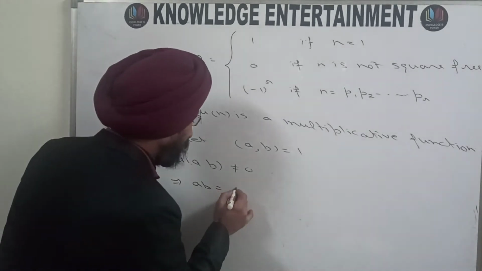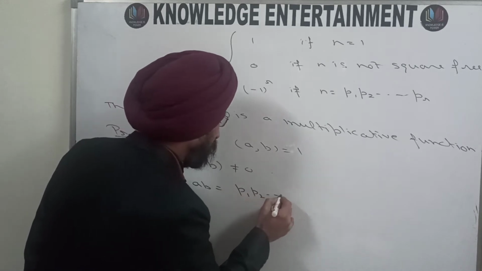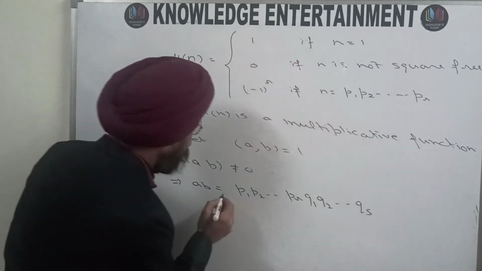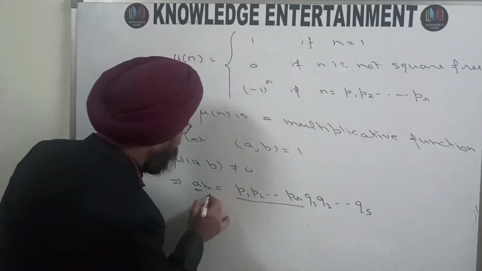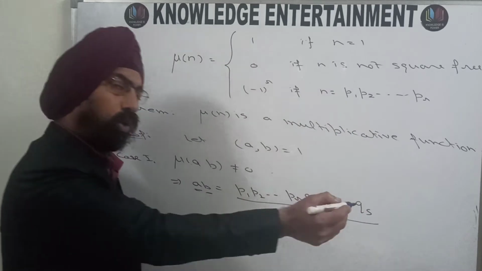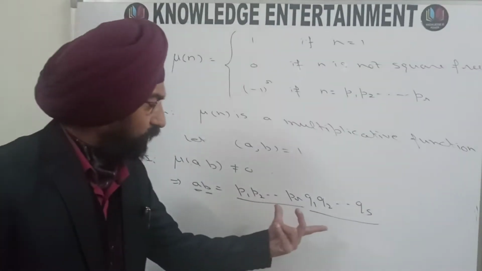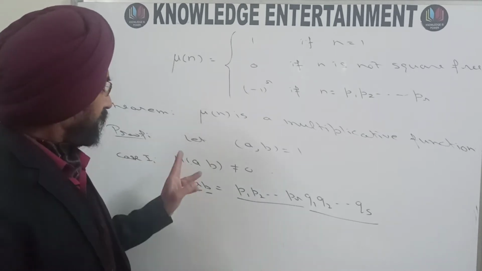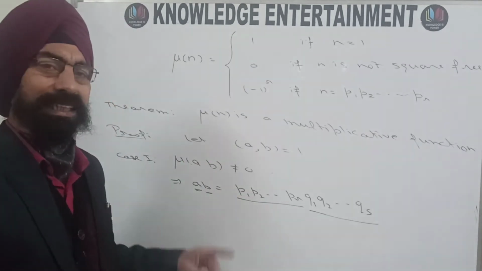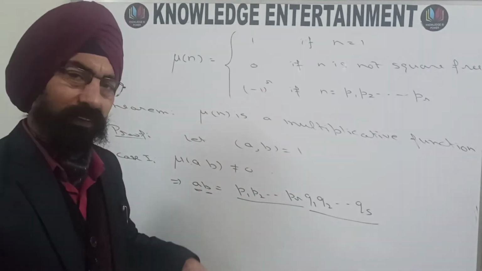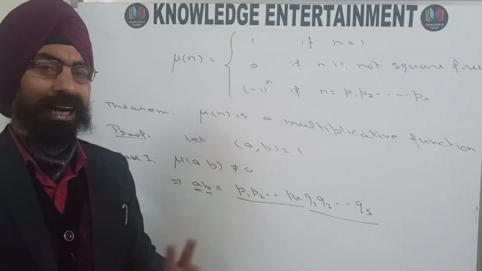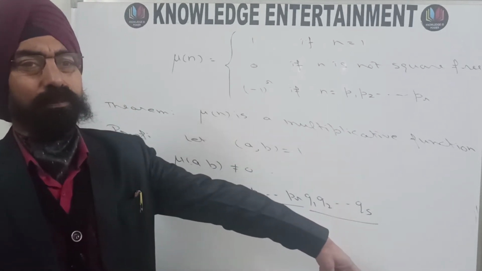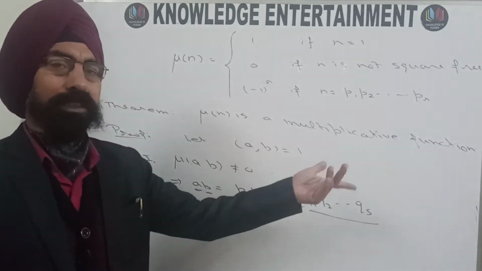So AB can be written as P1, P2, PR, Q1, Q2, Qs, where A is this part and B is this part, and no prime number will be repeated, because even if one of the prime numbers is repeated, it is not square free, and the value would become 0, but it is given in this case that the value is not equal to 0, so it is square free, and hence no prime number will be repeated either in A or in B, and no prime number of A can be same as a prime number of B, because GCD of A and B is 1.